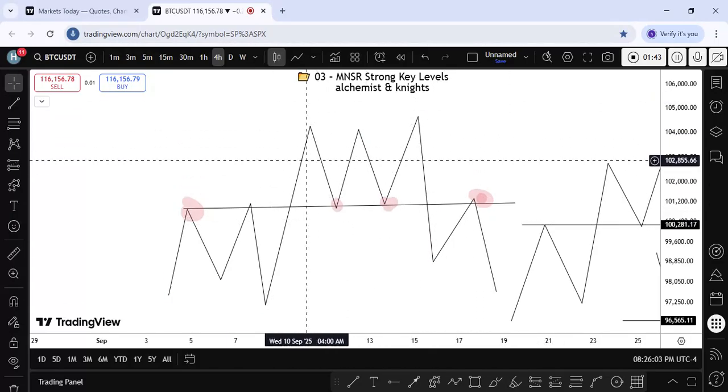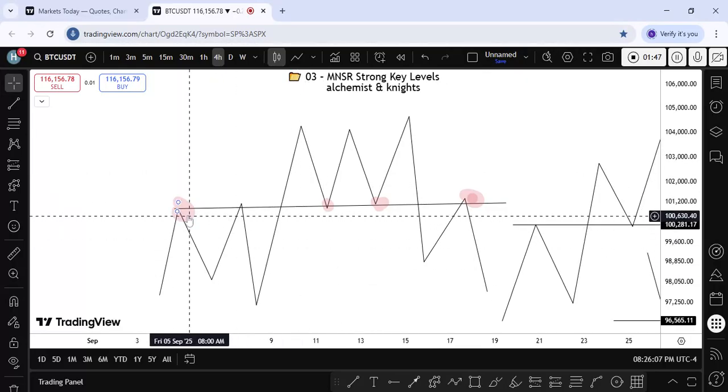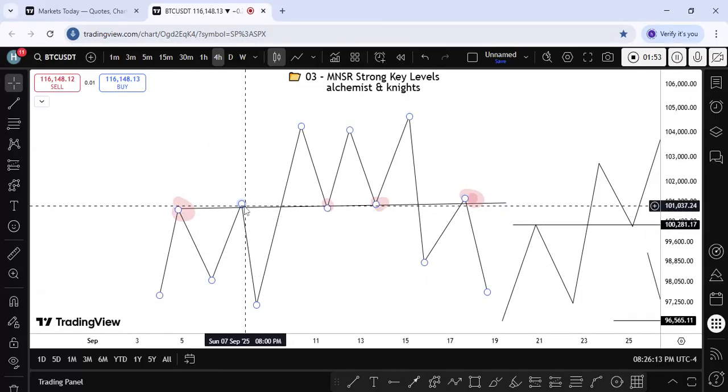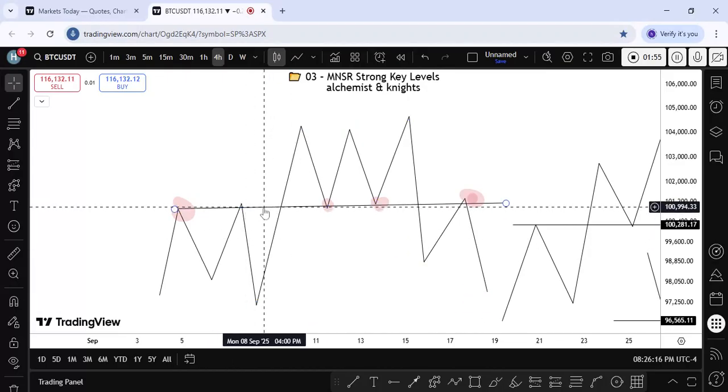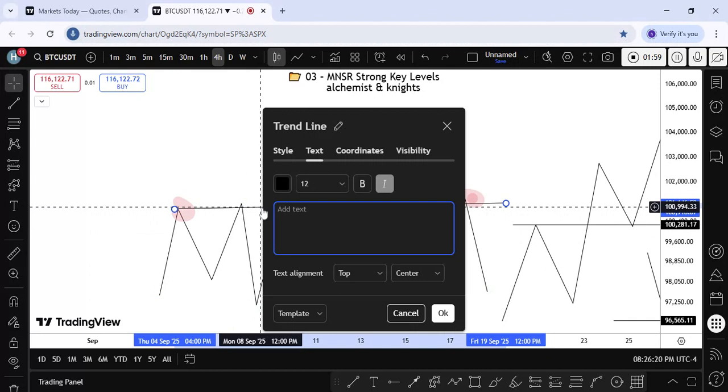When we are talking of key levels, we are talking of a place, a specific area whereby if the price reaches the area, it will escape from it immediately. So in this case, this will serve as our key level.